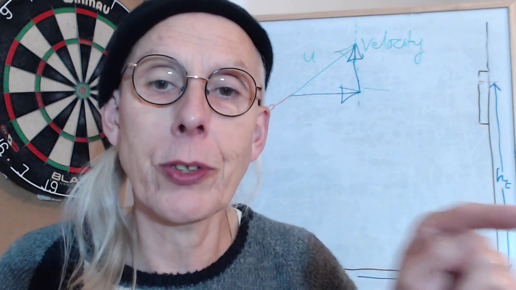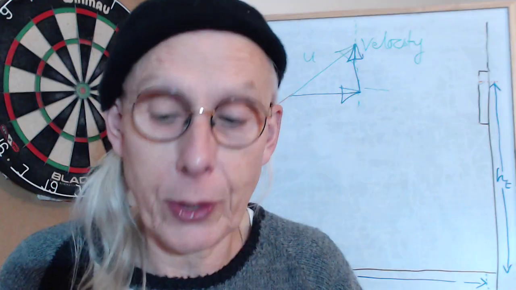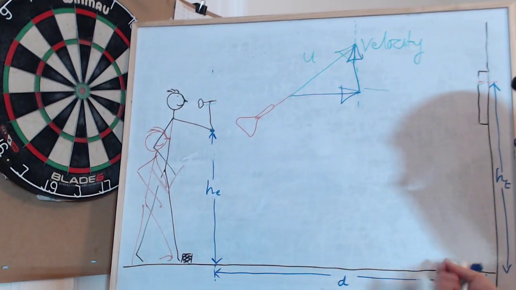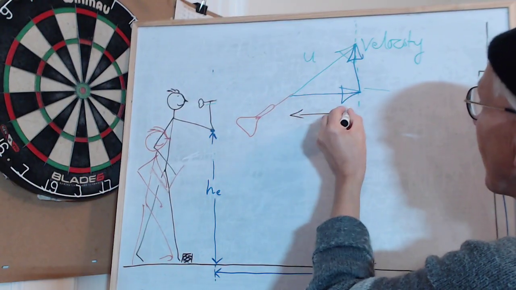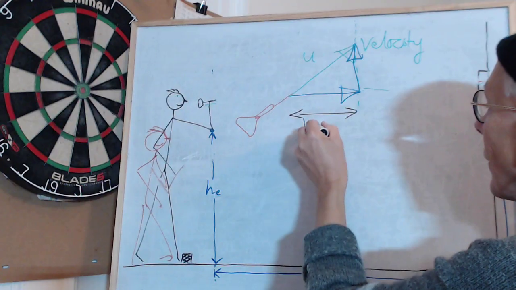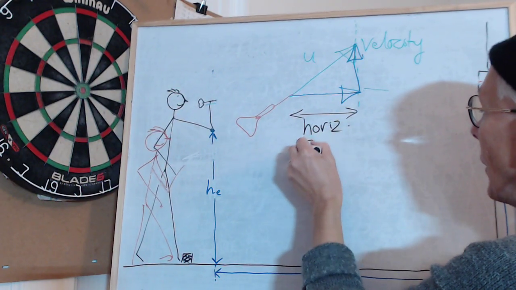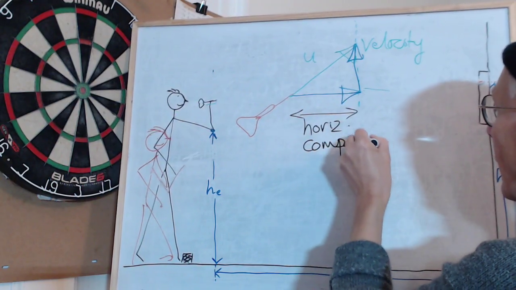That the horizontal speed, if you like, stays constant. So the length of this horizontal piece of the velocity, let's just write it as horizontal, let's call it the horizontal component of the velocity.